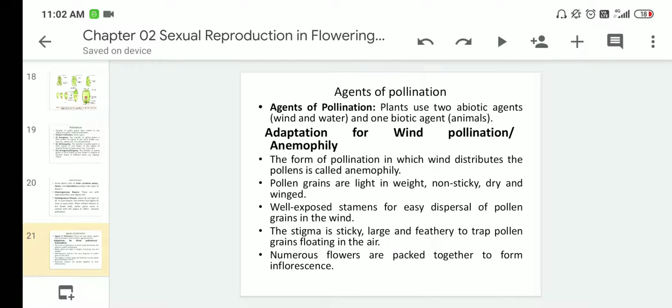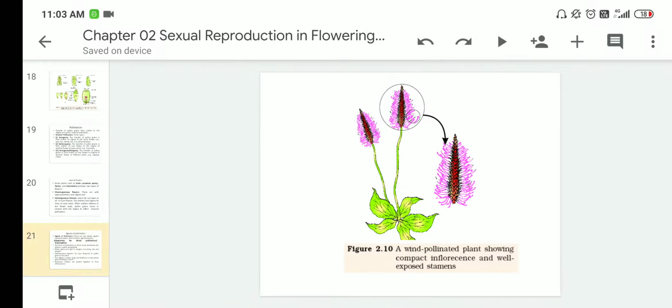So, in such plants, smaller size flowers are in close appearance, that is the inflorescence. This helps them ensure pollination.